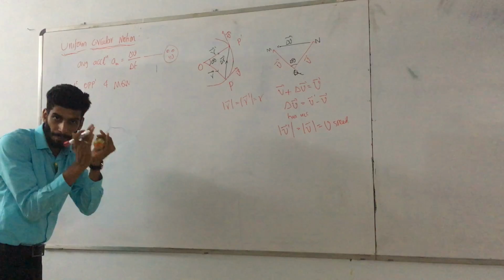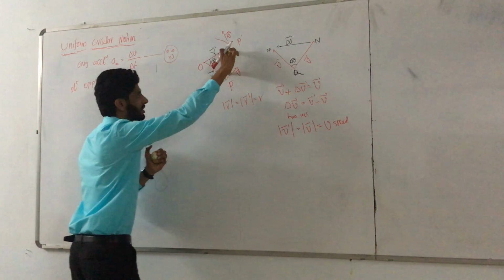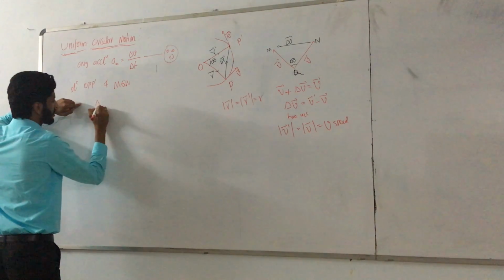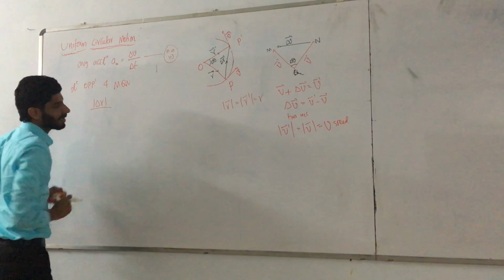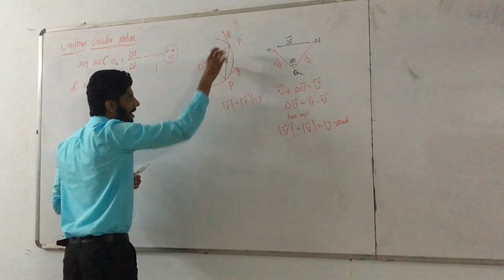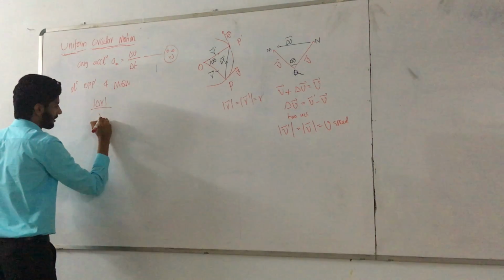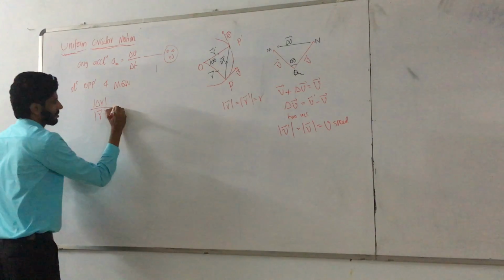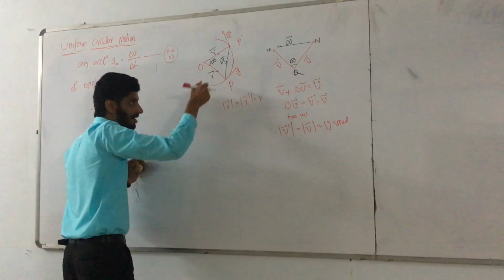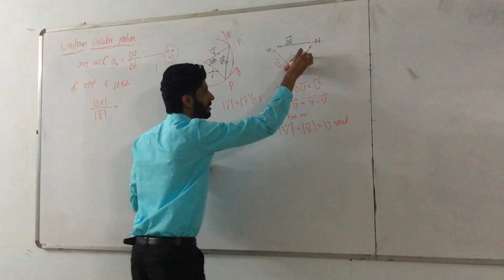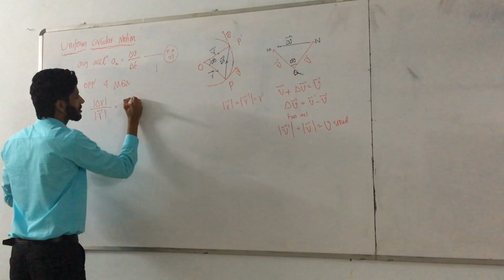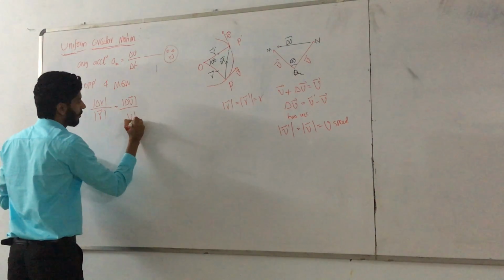I'm going to take the magnitude because I'm just measuring the distance here. So the ratio of the base length is delta R divided by the side length, that is R vector. I take the magnitude because I want to measure the distance. This by this in this triangle is equal to this by this in the other triangle, because these two triangles are similar, which is delta V by V vector.